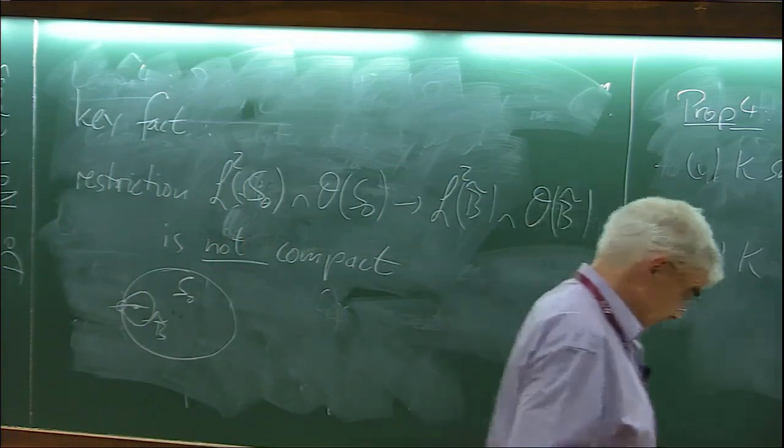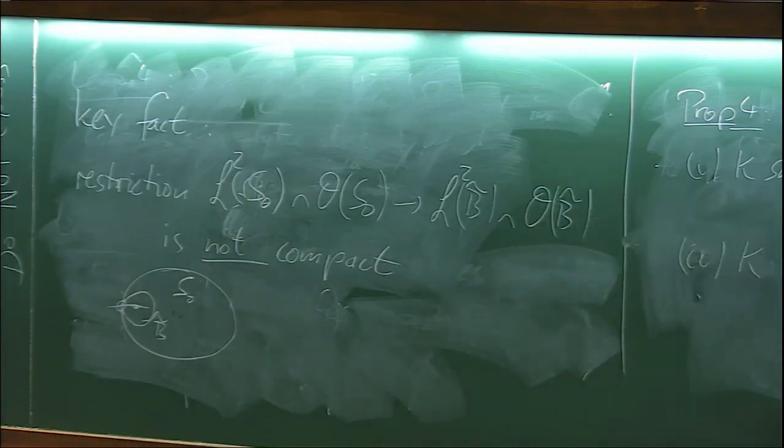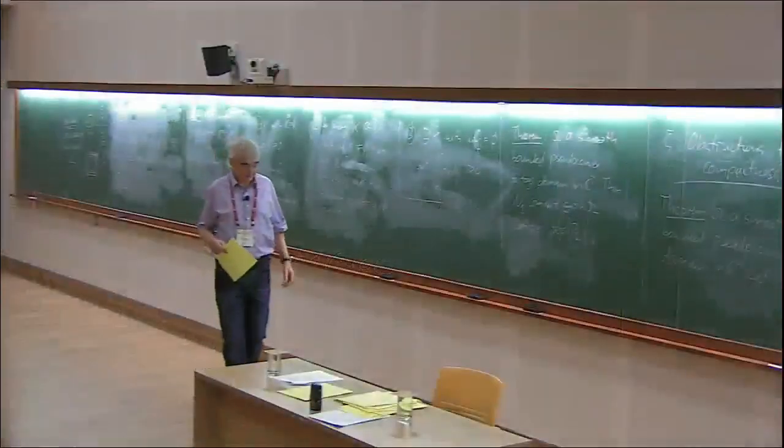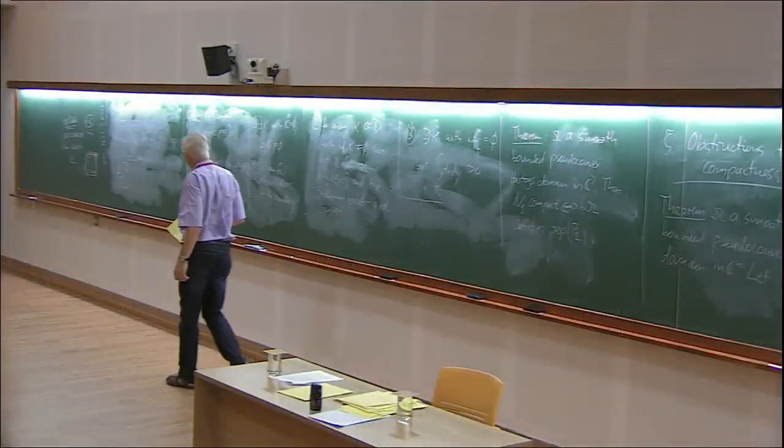That is, they grow like 1 over the boundary distance to the n plus 1. Well, it's actually n because we're in n minus 1, but plus, right? That is crucial in this argument.